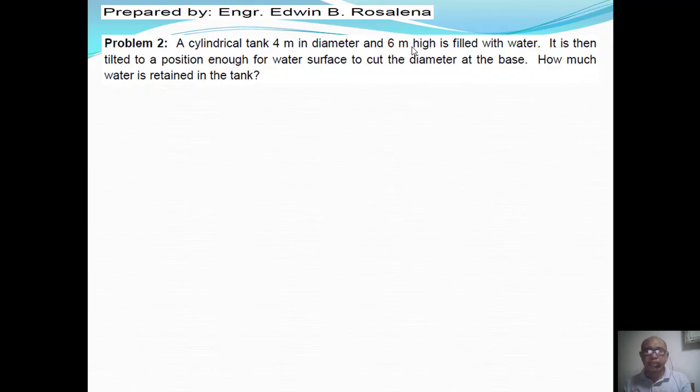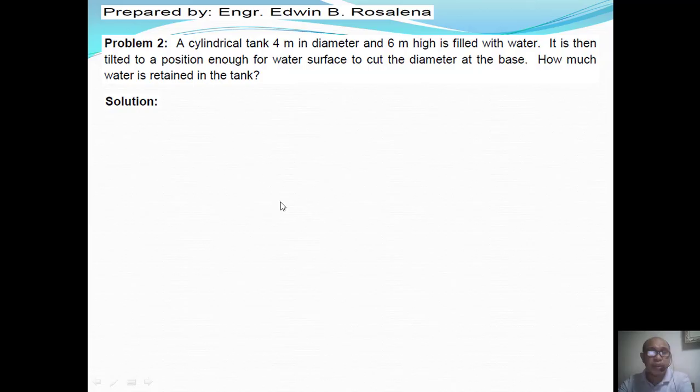Then, you tilt it in a position such that the remaining water surface cuts the diameter at the base. We can say that the water surface coincides with the diameter of the base. So, how much water is retained in the tank?